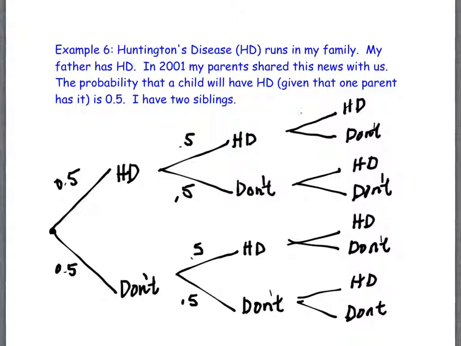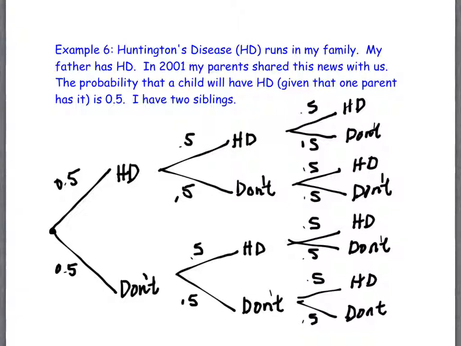And they're all 0.5s. This is the tree diagram of what was going on in my mind. I wasn't thinking of it in terms of a tree, but I was thinking about the math behind what the tree is going to show us.